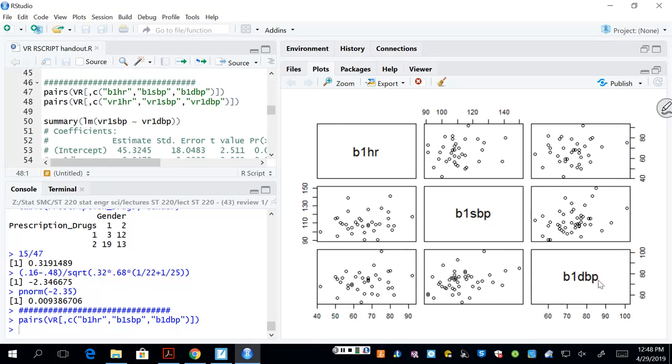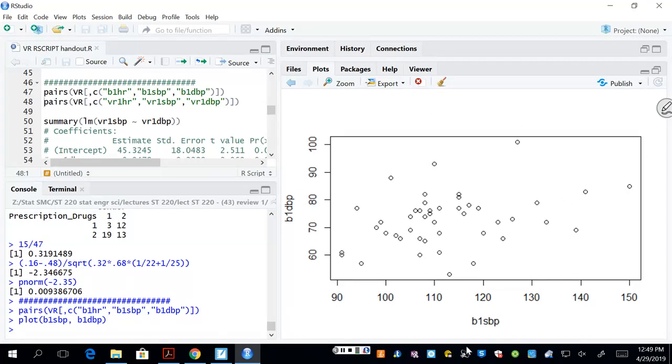Systolic blood pressure, diastolic blood pressure, though, maybe we could even do a plot of B1 systolic blood pressure against B1 diastolic blood pressure. It's pretty random, right? But you can kind of imagine some kind of general trend going up there.